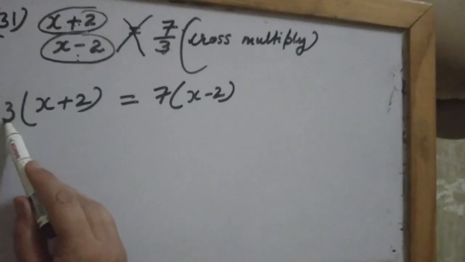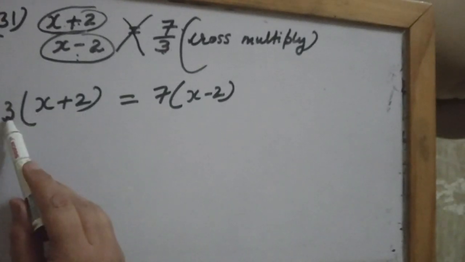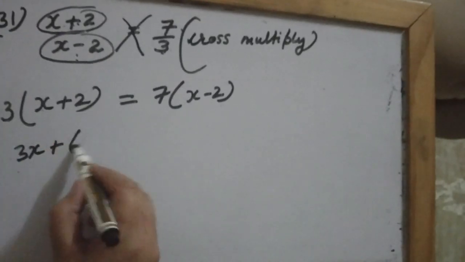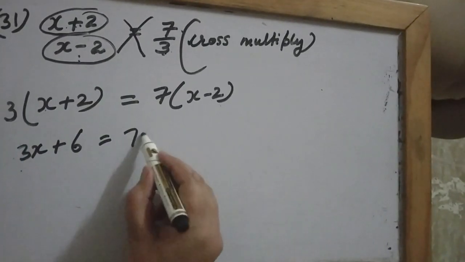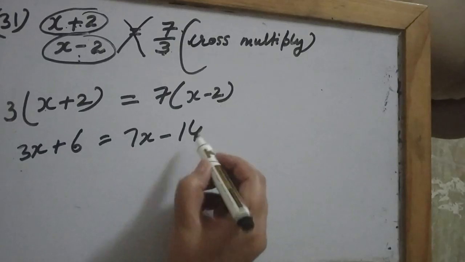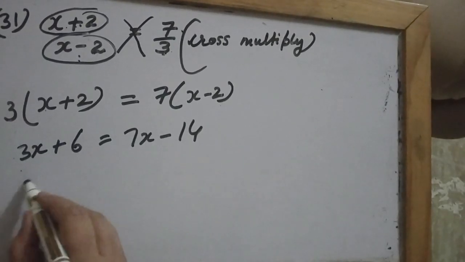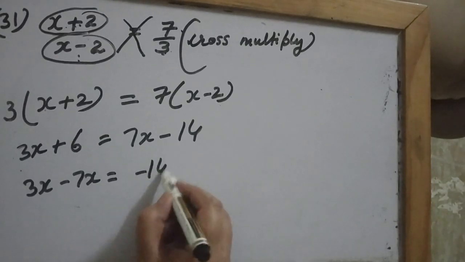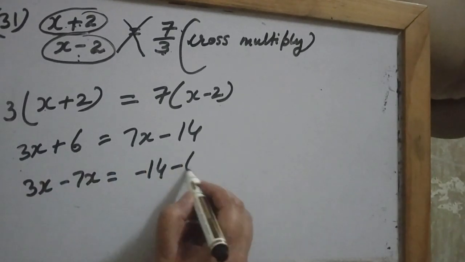Now this is a bracket, so 3 multiplied by x is 3x, plus 3 2s are 6, and this is 7x minus 14. Now bring the x terms together, 3x minus 7x, and here minus 14, and this is plus 6 minus 6.